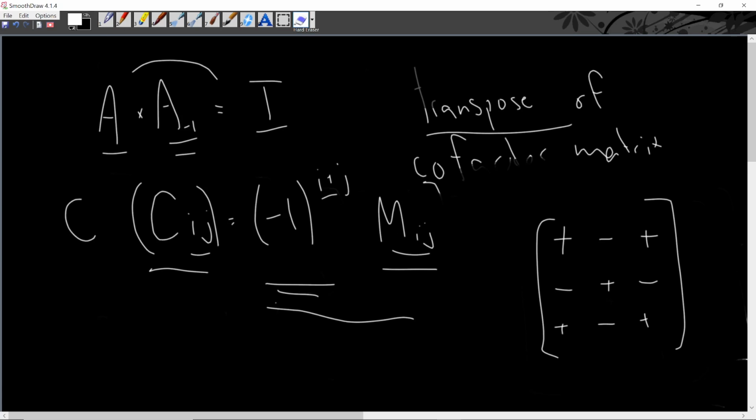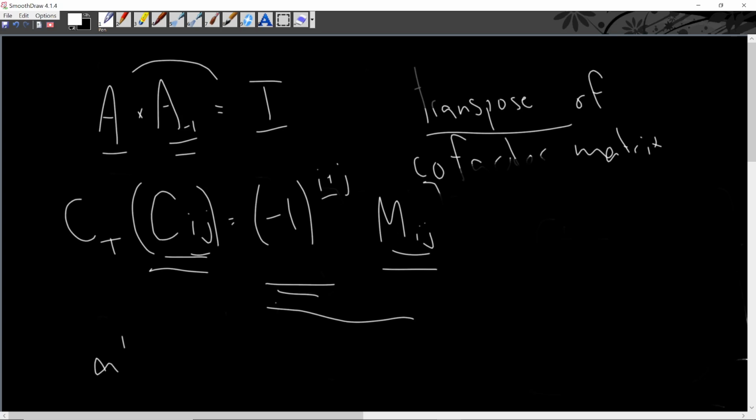And then from here, you have to find the transpose of the cofactor matrix, because all you've been doing is finding Cij for every C11, C22, C33, C12, and on and on for that 3x3. But now you need to actually do the transpose, and the transpose is called the adjugate.